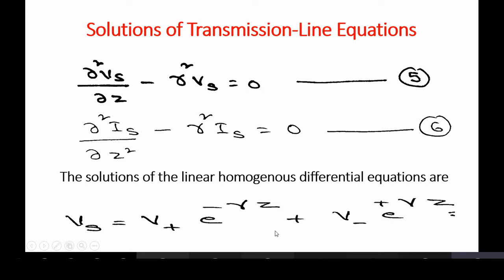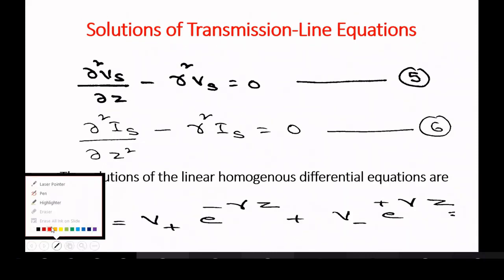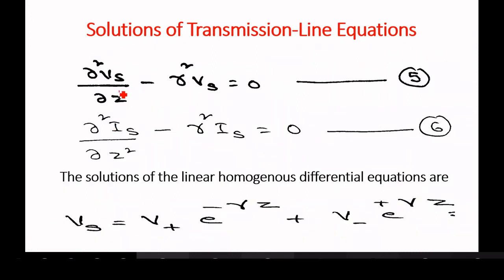This is the solution corresponding to one root, and this is the term related to the other root. As this is a second order differential equation, del square Vs by del z square minus gamma square Vs is equal to 0. The solution is Vs equal to V plus into e power minus gamma z plus V minus into e power plus gamma z.